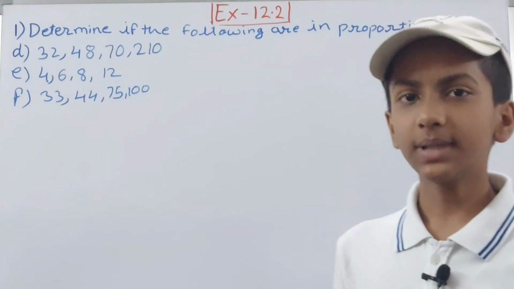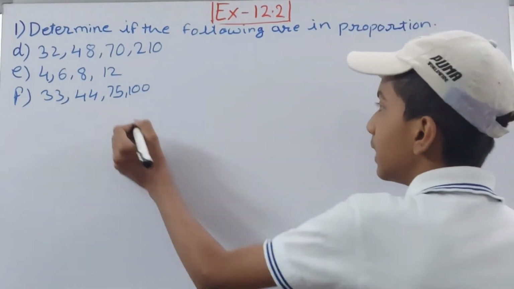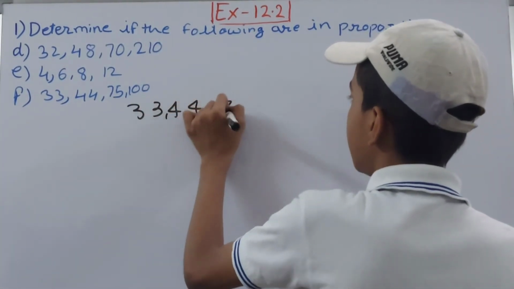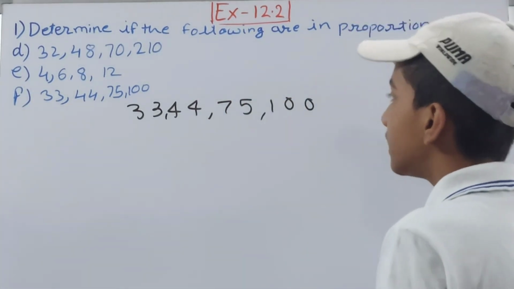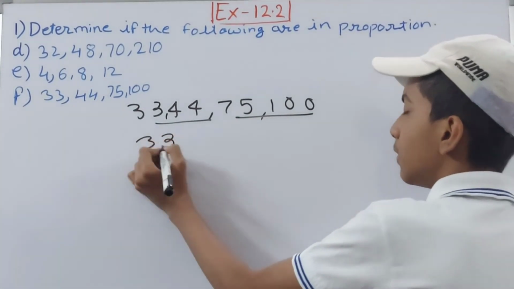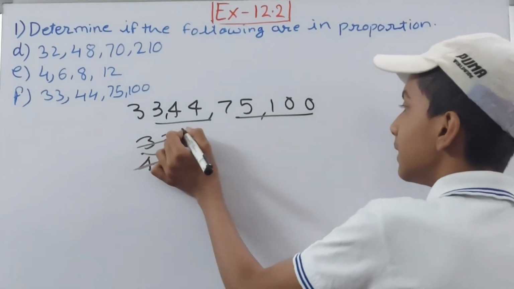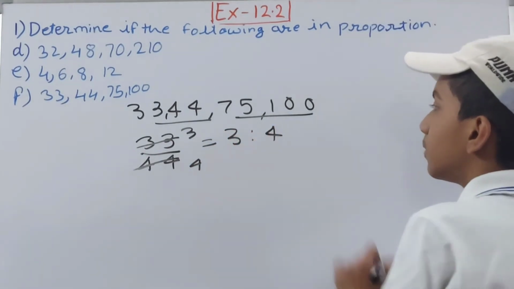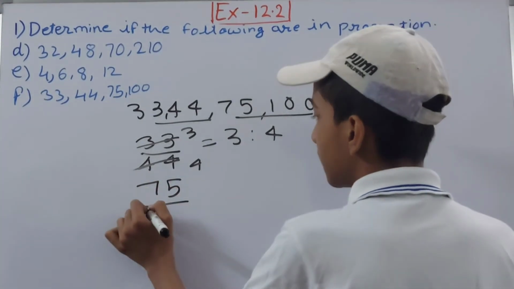Okay. Now next one, 33, 44, 75, 100. These are our numbers. So let us first make the pairs. This is 33 upon 44. Cut this by 11, 3 and 4. This is 3 is to 4. Second is 75 upon 100.